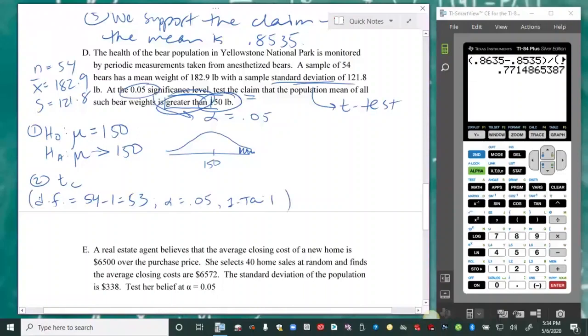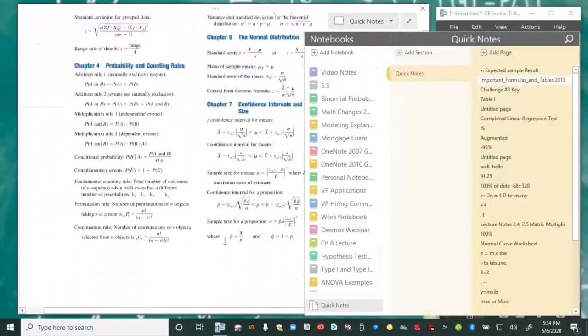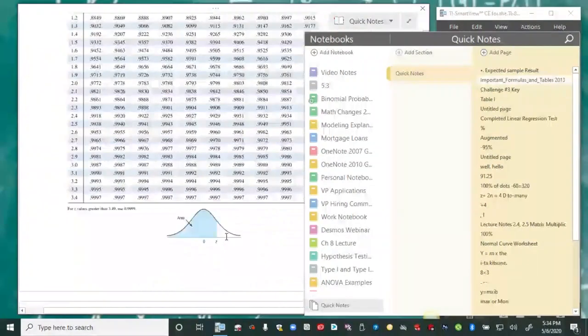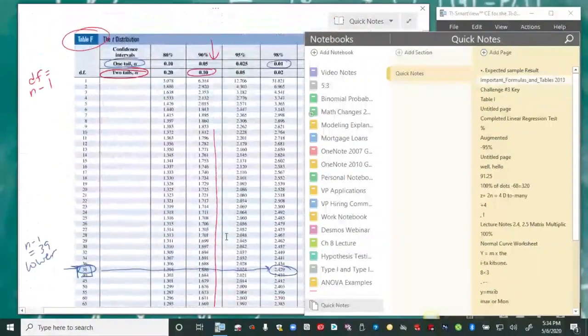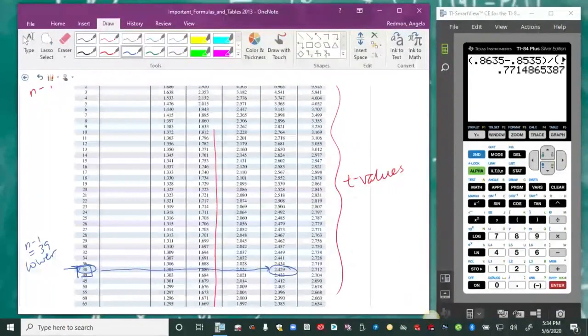Okay, so let's go ahead and get the value out of our table. Okay, so here's table F. I'll do a highlighter color this time.